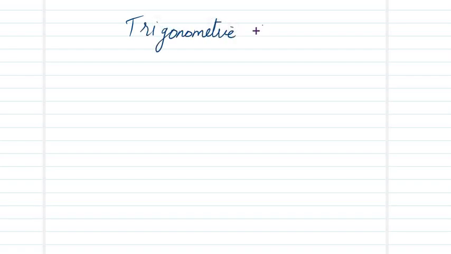Continuing to the last part, we have something called trigonometric identities. Identities are statements where, whatever the value of the variable you substitute, the answer comes the same. It does not depend upon the variable.